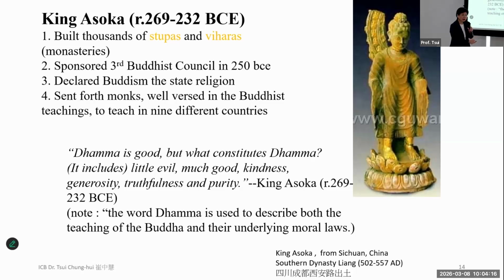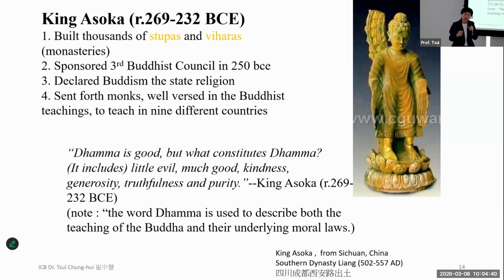In China, in Sichuan, in Chengdu, several ancient Buddhist temple sites were discovered with sculptures that were created in the Southern Dynasty Liang around the early 6th century. This is one of the archaeological discoveries.